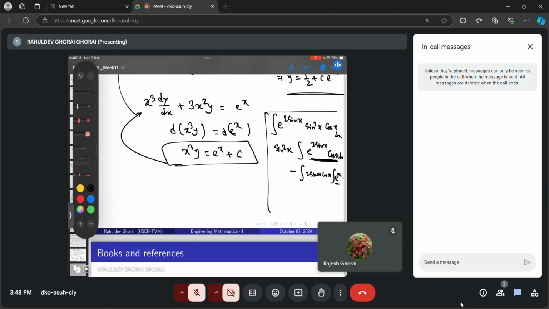The integration of this quantity is sin² x times half e to the power 2 sin x, because d of sin x can be written as cos x dx. Minus the integration of 2 sin x cos x times half e to the power 2 sin x; the 1/2 and 2 cancel.